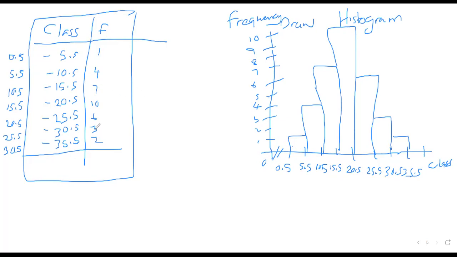You only adjust when you see the numbers are not coinciding. If you had a number like 0 to 10, 10 to 20, 20 to 30, here you don't adjust, because the number is already the same.